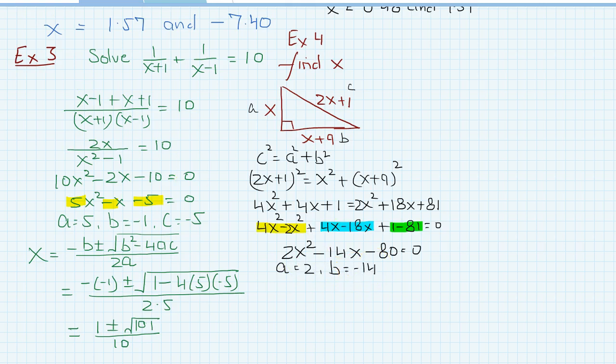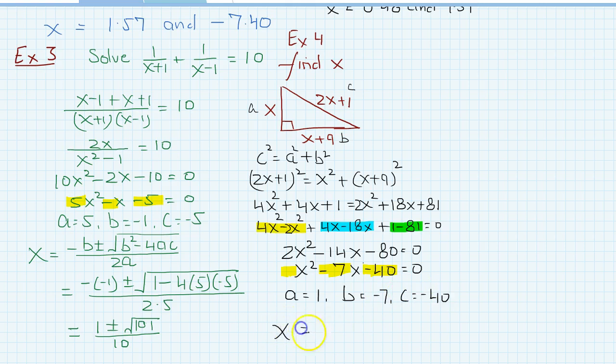Now what we can do here is, to make it smaller, we can divide this by 2. So this is x square minus 7x minus 40 is equal to 0. So a is 1, b is minus 7 and c is minus 40.